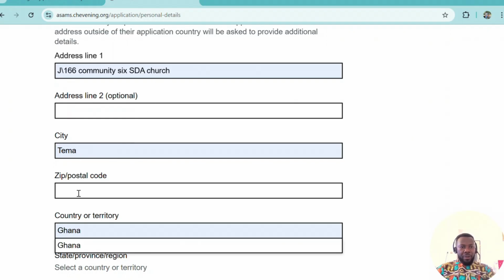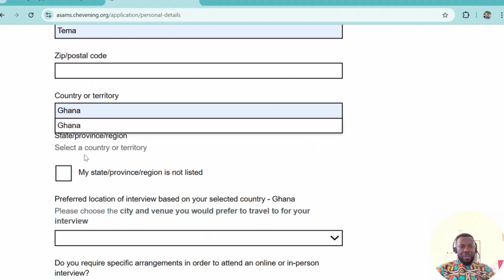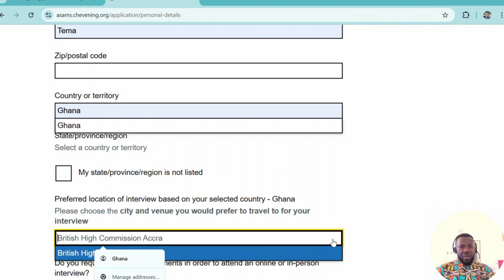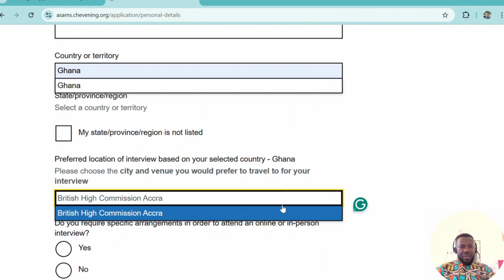The code is not really applicable here. Of course. Let me see if it's listed here. Of course, this one.